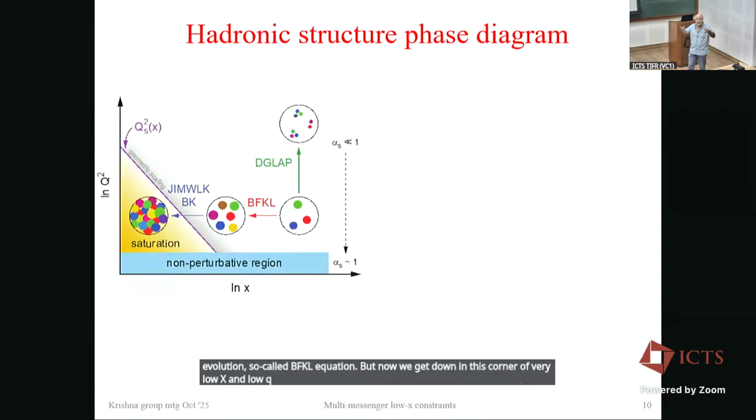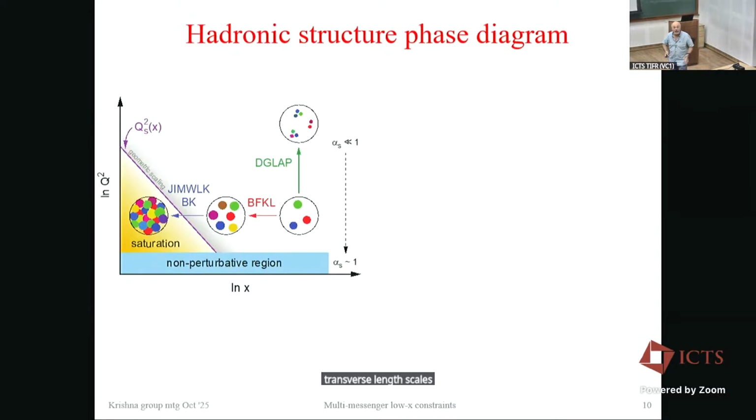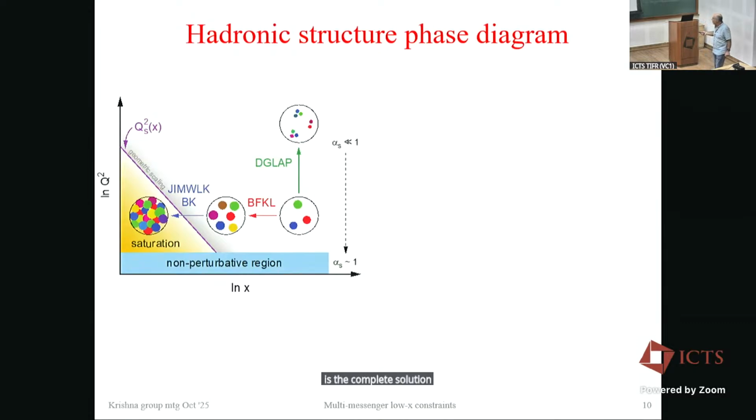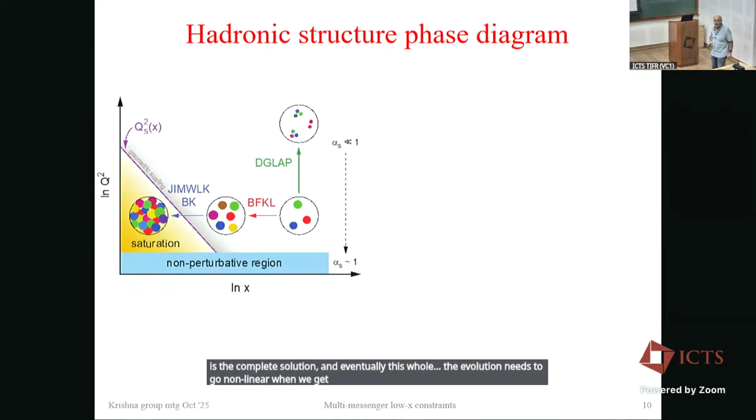We're looking at large transverse length scales and very low momentum fraction where the gluon densities are very high. What's going on here? And eventually this linear evolution needs to transform into nonlinear evolution. And there are two equations that govern this evolution. The simpler BK, Balitsky-Kovchegov, and then the JIMWLK is the complete solution. And eventually the evolution needs to go nonlinear and we get into this saturation regime.